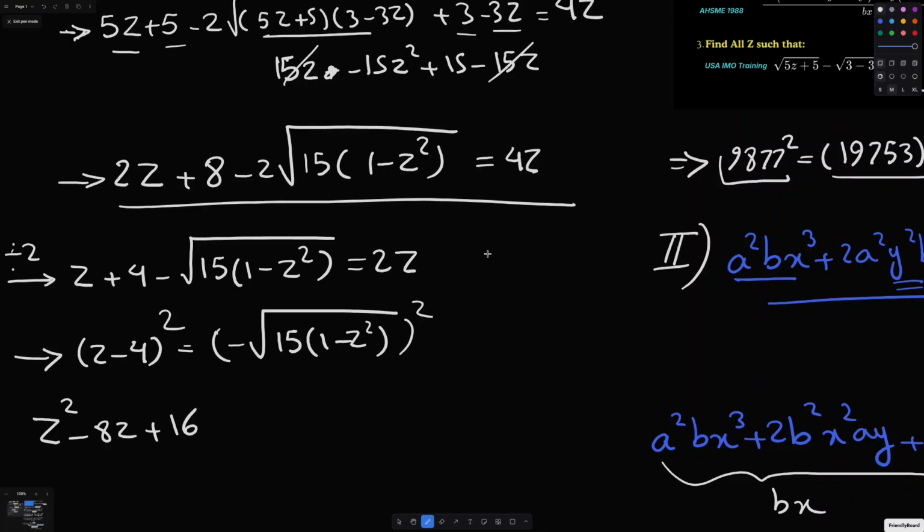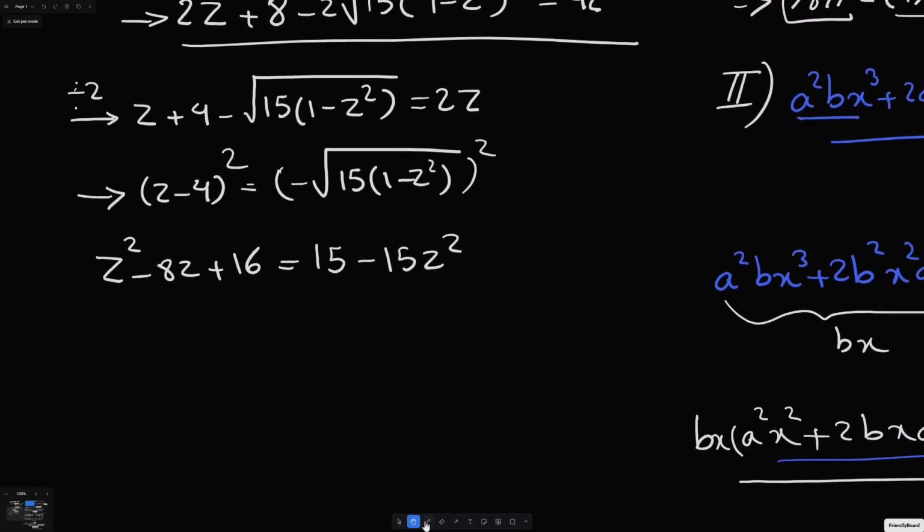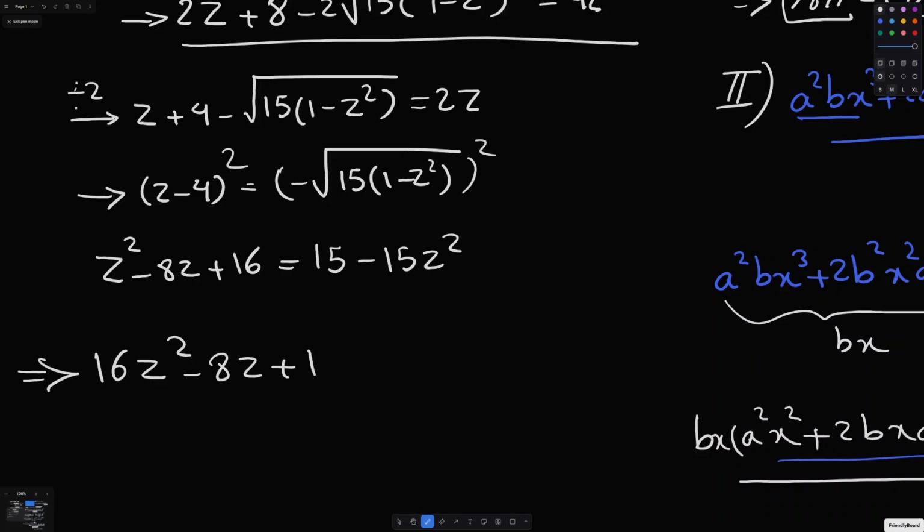As you know, this identity, we just used it, equals, and this to the power of 2, the minus is going to go away, the square root is going to go away because everything is to the power of 2: 15 minus 15z2. Now let's solve this. I'm going to bring everything to the other side. It's going to be 16z2 minus 8z plus 1 equals 0.